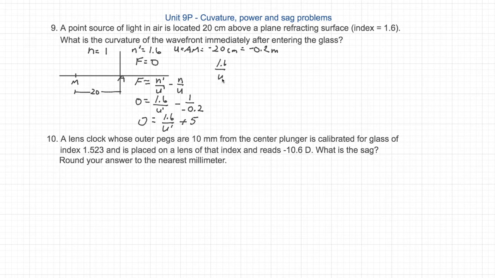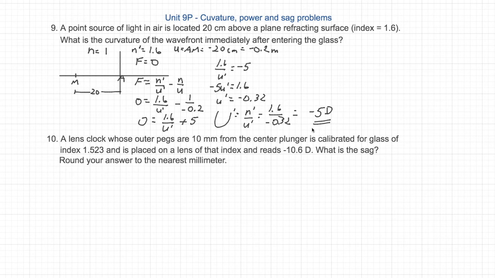So we plug in what we know and we solve for U prime, which equals, drum roll, -0.32 meters. Big U prime equals n prime over U prime. That's 1.6 over -0.32. And we find the curvature of the wavefront equals -5 diopters.